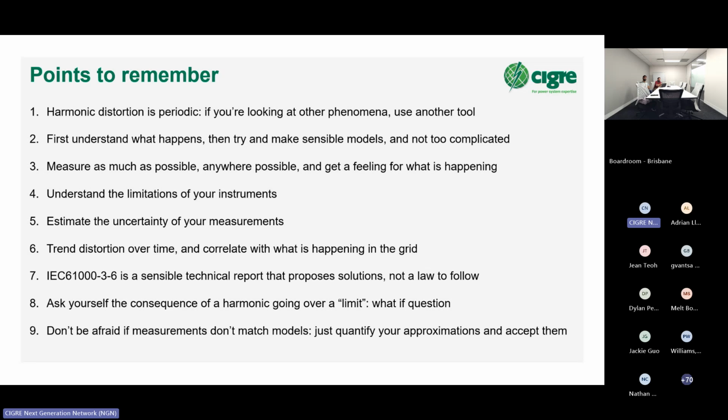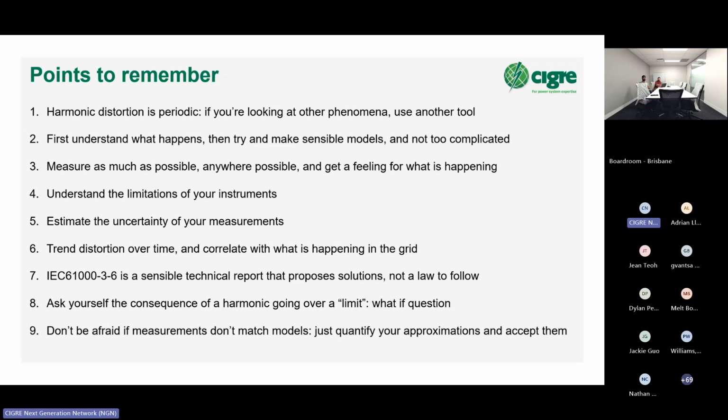Measure as much as possible and anywhere possible, so you get a feeling for what is happening. Truly, looking at measurements gives you a reality check, and often breaks your convictions and causes more doubts than what you had when you started measuring.